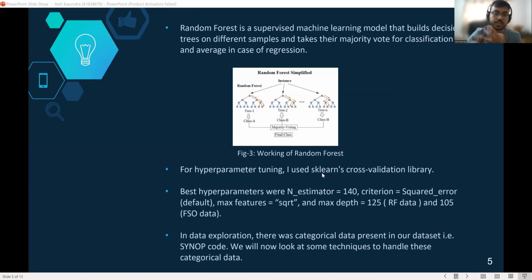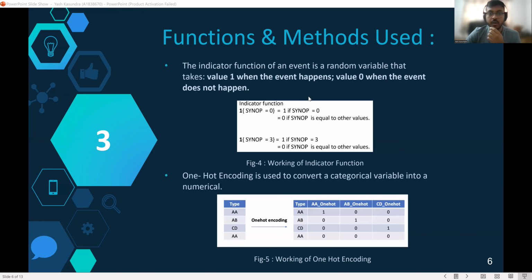Now let's talk about synopcode a little more. Synopcode is represented as an indicator function, where it takes value 1 if the event happened, and it takes value 0 if the event didn't happen.